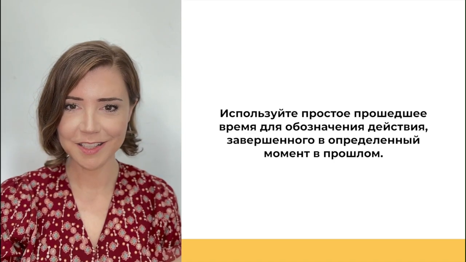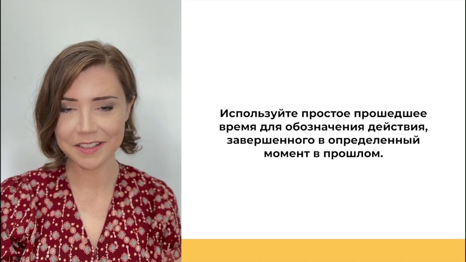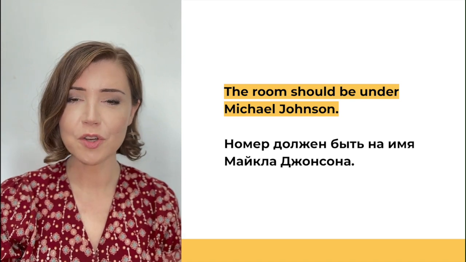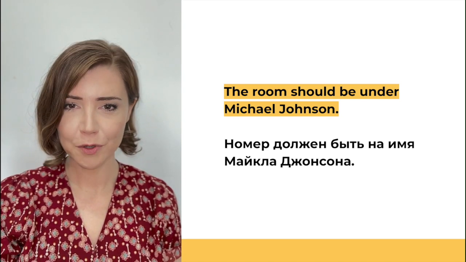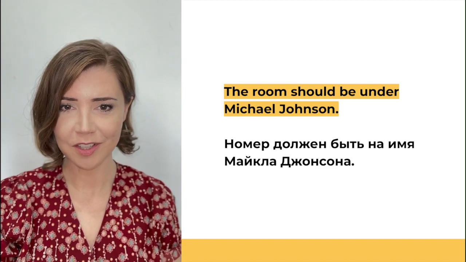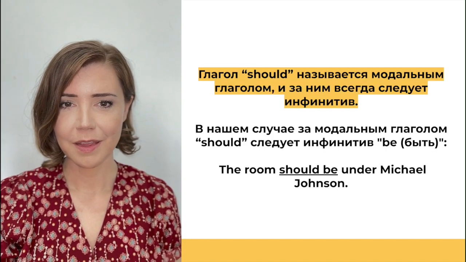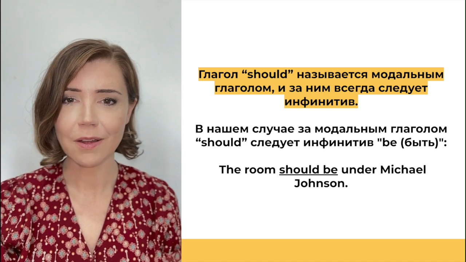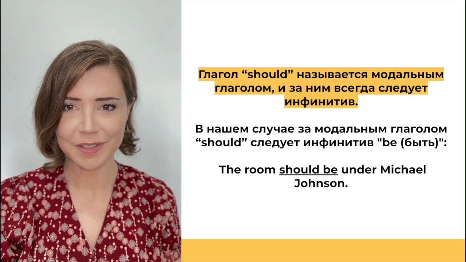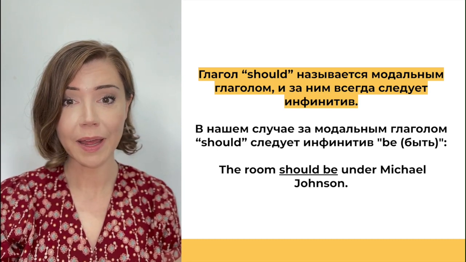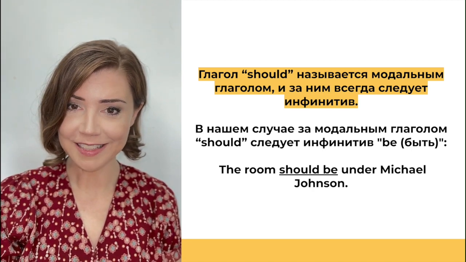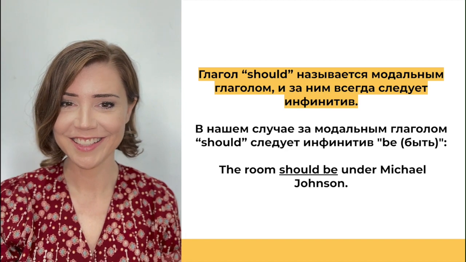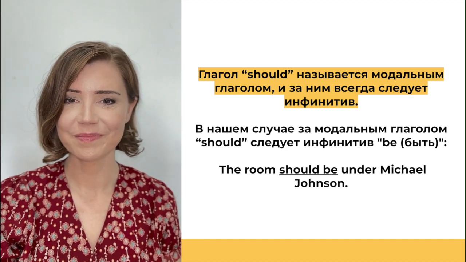Our next sentence with a highlighted expression is, the room should be under Michael Johnson. The verb should is called a modal verb, and it's always followed by an infinitive. In this case, the infinitive is be, should be.